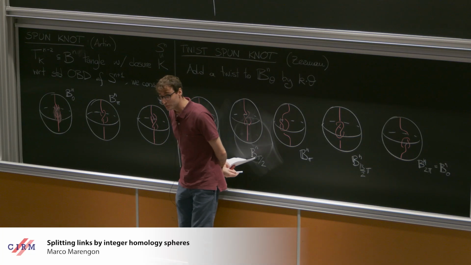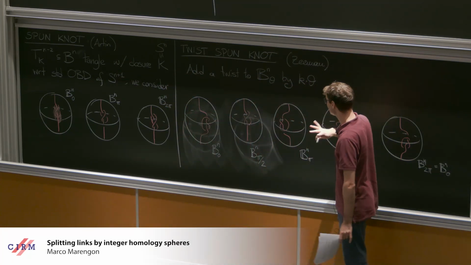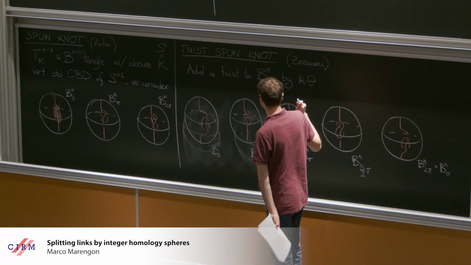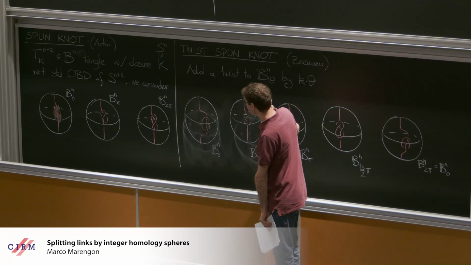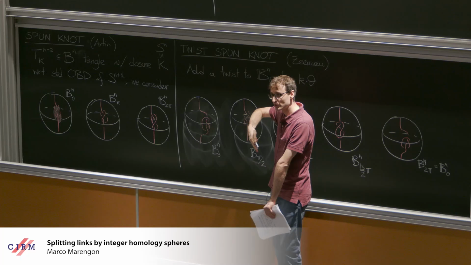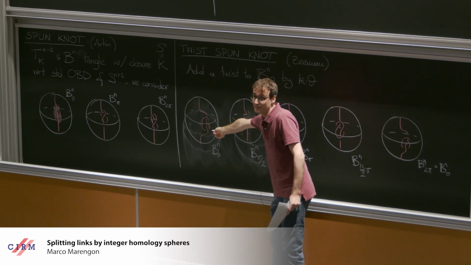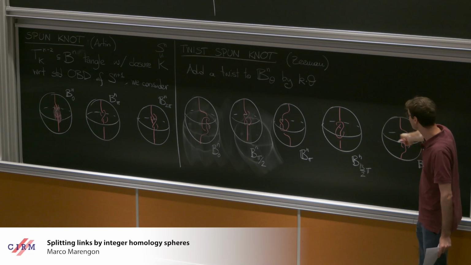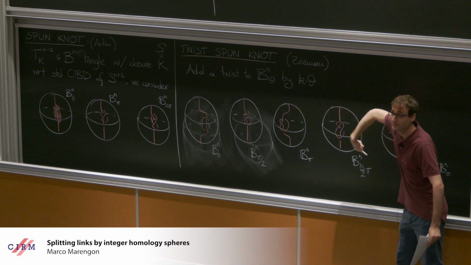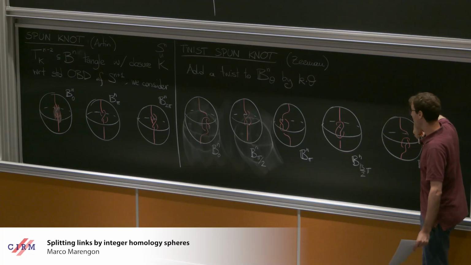There is a variation of this construction due to Zeeman, in the 60s, where instead of taking exactly the same tangle in every page, you take the same tangle, but you add a rotation. And you add a rotation in such a way that after you go all around the S1 fibration, you get the same tangle again.